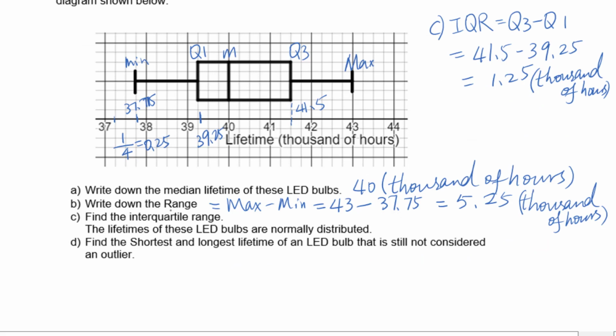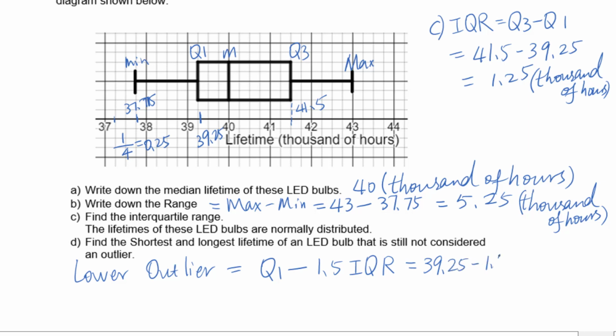Find the shortest and the longest lifetime of an LED bulb that is still not considered an outlier. We know the lower outlier equals Q1 minus 1.5 interquartile range. So we plug in: 39.25 minus 1.5 times the interquartile range, which is 1.25.